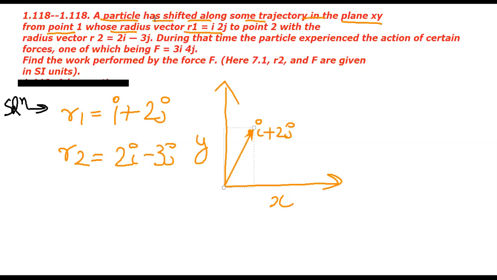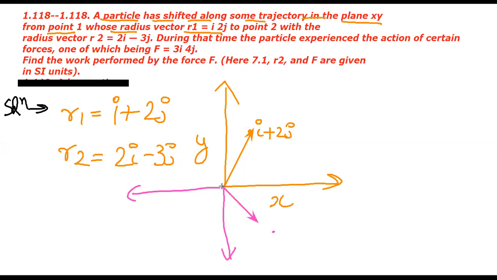The second vector is the r2 vector, which is 2i minus 3j. The minus stands for the negative j axis, while 2i is positive, so it will sit somewhere here, students. Let me mark this vector.